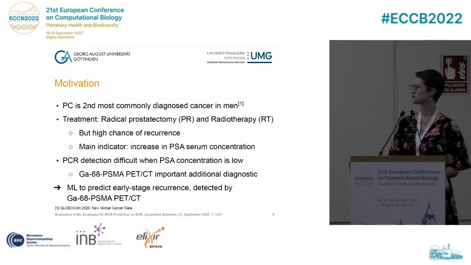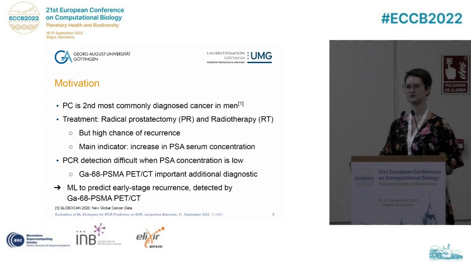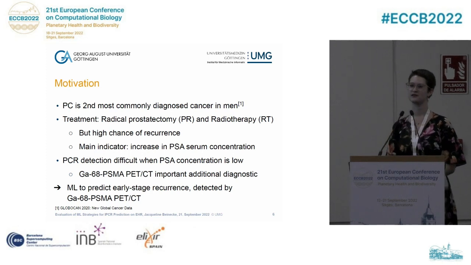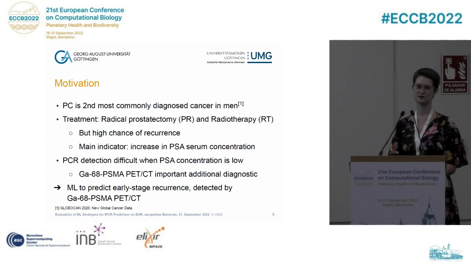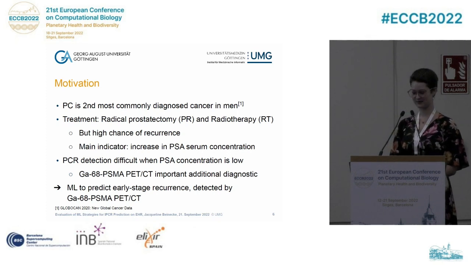We are focusing on predicting the outcome of the PET-CT, so whether the PET-CT will show a positive recurrence or not. This is mostly motivated by the fact that PET-CTs are very expensive, so it would be great if we could just do a test and predict if the PET-CT would be positive or not.